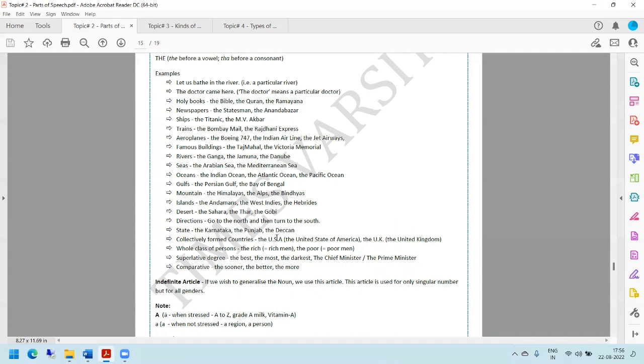So here, when we say USA, then it should be pronounced as "the USA". When we say the United States of America, the UK. Okay. So in this case, you can say that U is a vowel, then why are we still pronouncing "the" as "thuh", it should be "thee".